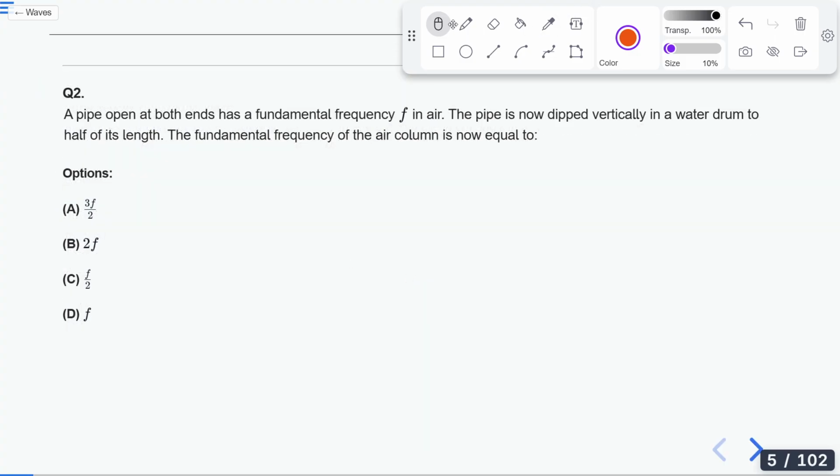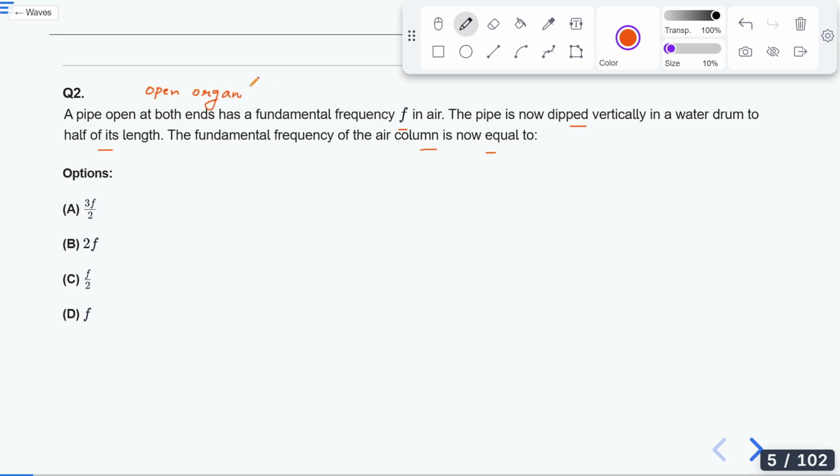Next question. A pipe open at both ends has a fundamental frequency F in air. The pipe is now dipped vertically in a water drum to half of its length. The fundamental frequency of the air column is now equal to. Okay, so first we have taken the pipe that is open at both ends, meaning an open organ pipe.